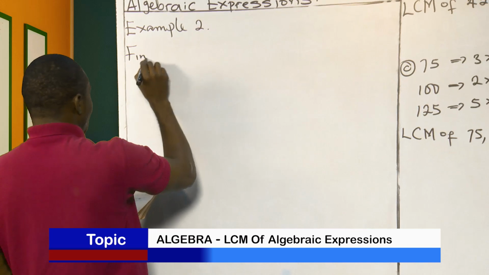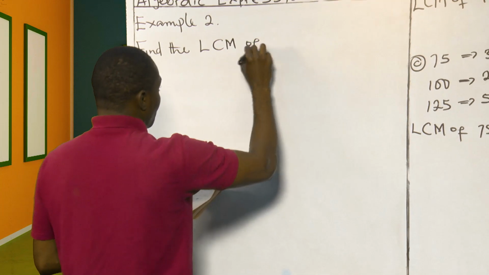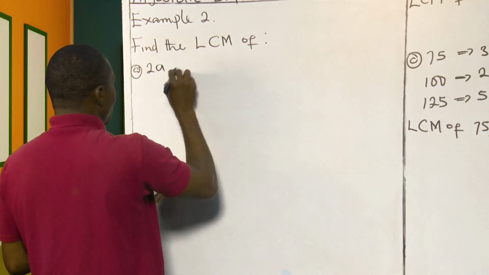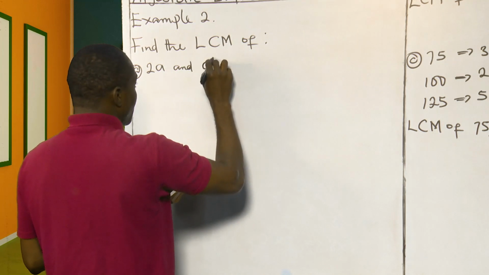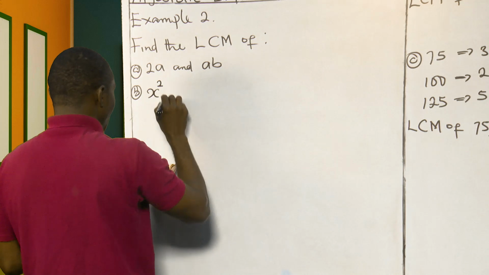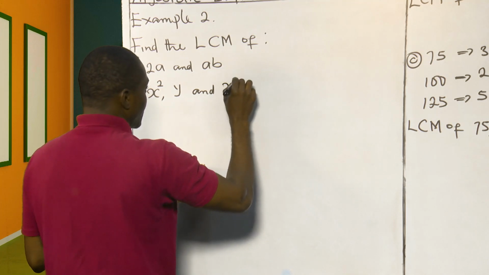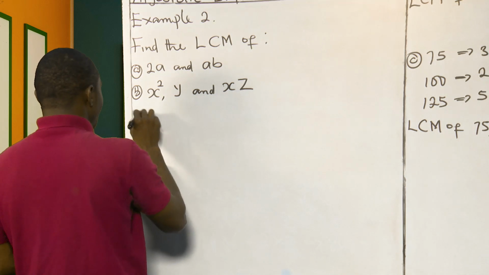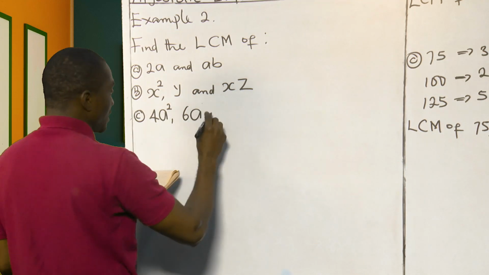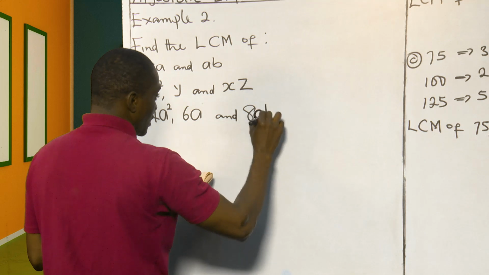Find the LCM of a, 2a, and ab; b, s squared, y, and xz; c, 4a squared, 6a, and 8ab. Solution.